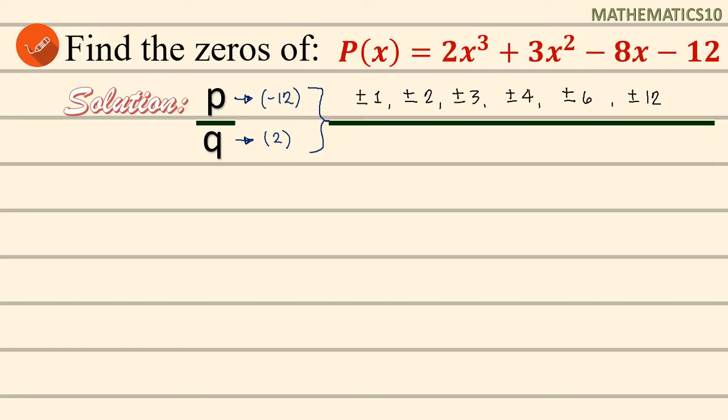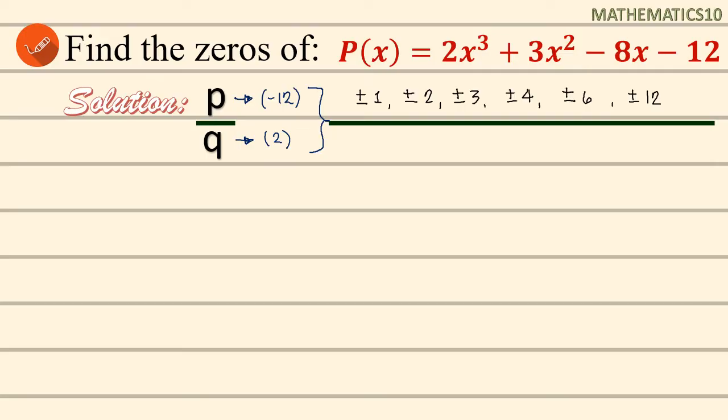For those who want to check, how would you know that a particular number is a factor of the given number? You just simply do this. For example, 12 divided by 1, there's no remainder. 12 divided by 2, there is no remainder as well. 12 divided by 3, no remainder as well. 12 divided by 4, no remainder as well, and so on.